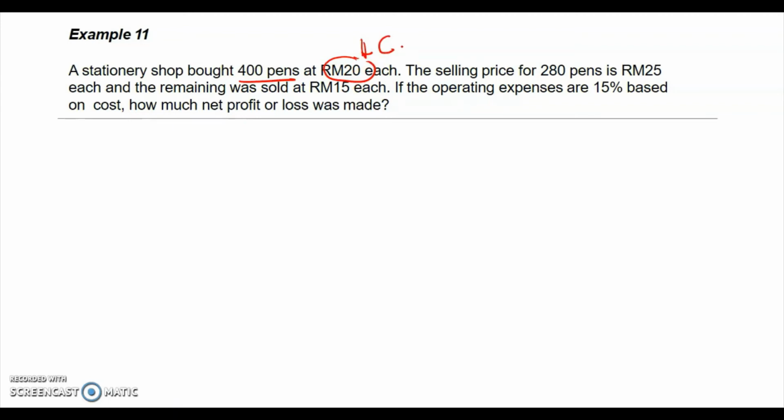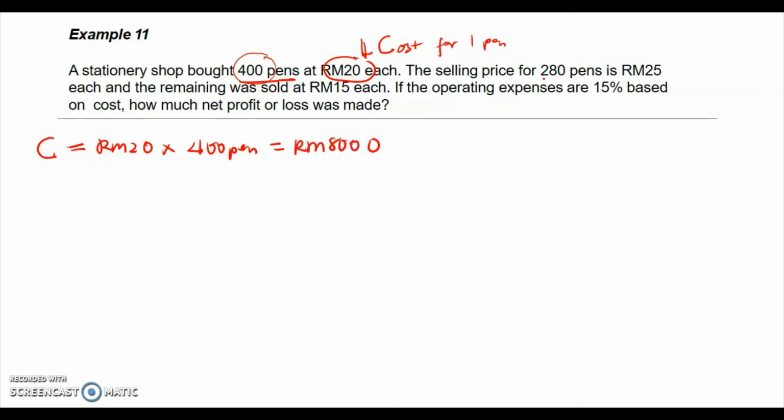But this is only the cost for one pen. Now this shop bought 400 pens. So the total cost price is 20 ringgit times 400 pens, so the cost price is actually 8,000 ringgit.